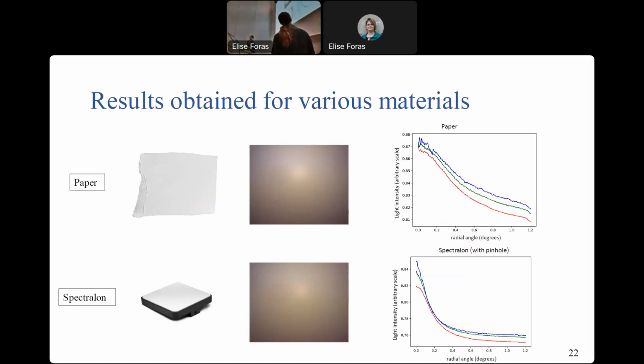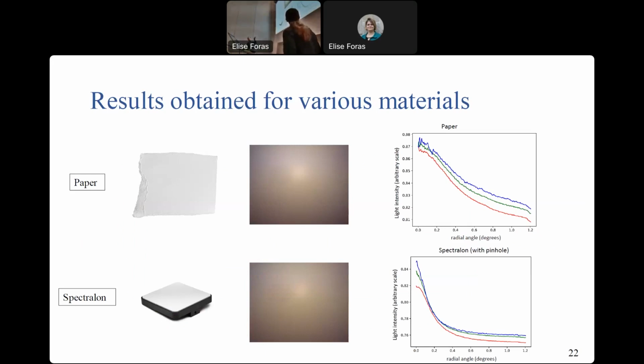So here are the first results that we get with two samples, which are paper and a spectralon, which is a kind of paint which is used to calibrate optical devices. On the curves, you can notice that there are three curves which correspond to the three channels of the camera. And then we can notice the presence of the peak.